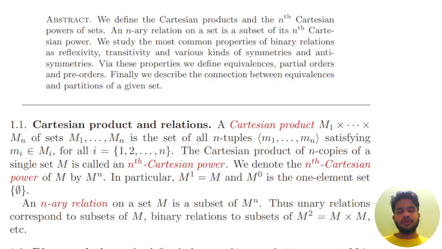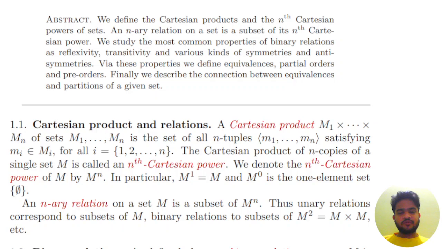Let us understand about the Cartesian product and relations. A Cartesian product M1 cross M2 up to Mn of sets M1, M2 up to Mn is a set of all n-tuples satisfying mi belongs to Mi for all i in the set of n elements.